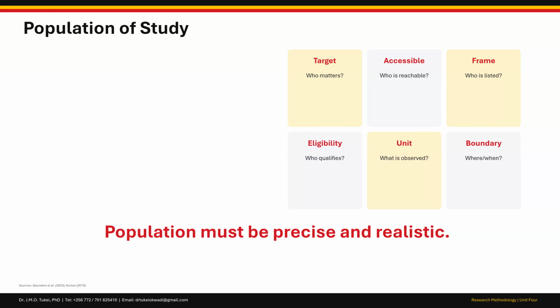Will you be able to study all Ugandans? So instead of saying all Ugandans, a student may define the population as all registered health workers at Uganda Police Health Center 4. I'm a policeman, but I'm also a health worker. And I think I remember telling you this. I work in the Uganda Police Health Services.